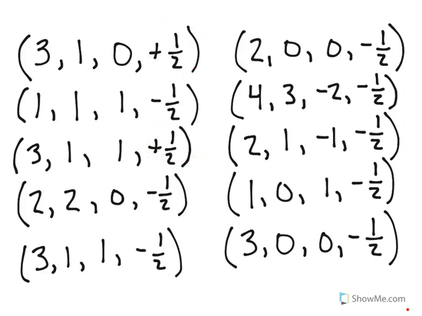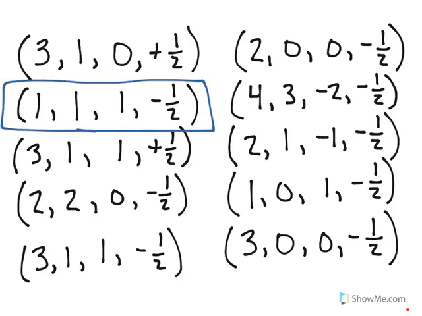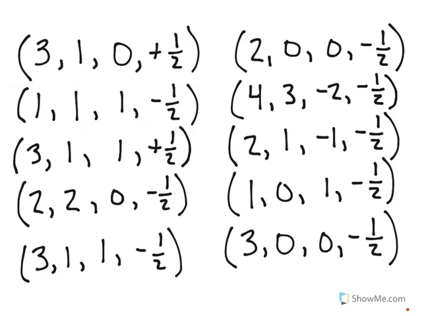Now, if you're paying close attention, you might have been looking at some of these quantum number sets and thinking that they don't make sense. One I want to point out to you is this second quantum number set right here. If we think about what all of this means, 1 as a principal quantum number means this electron is in the first energy level.